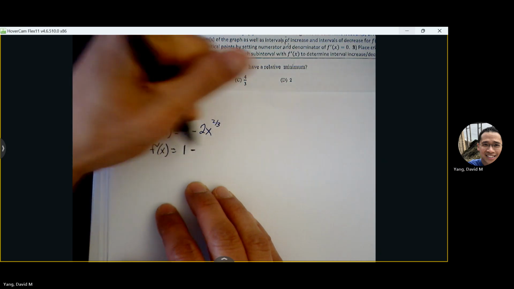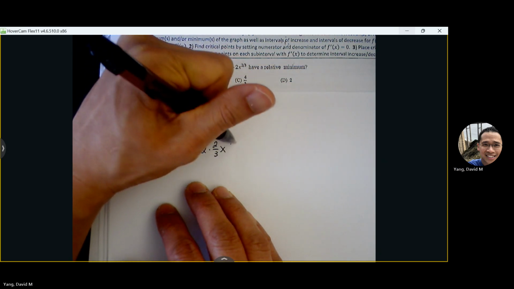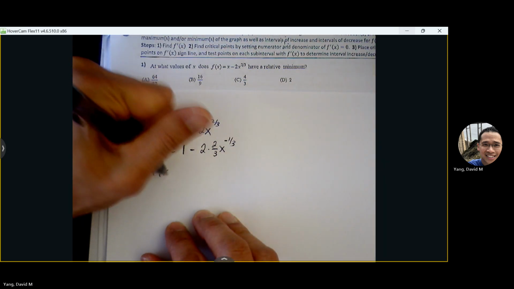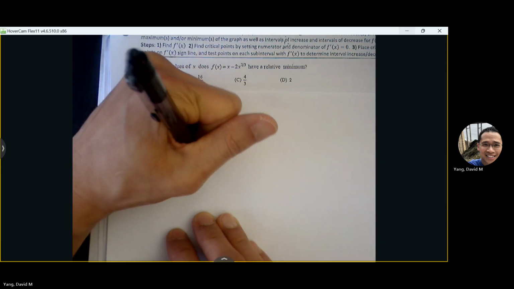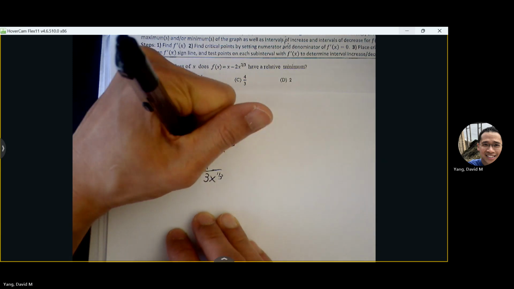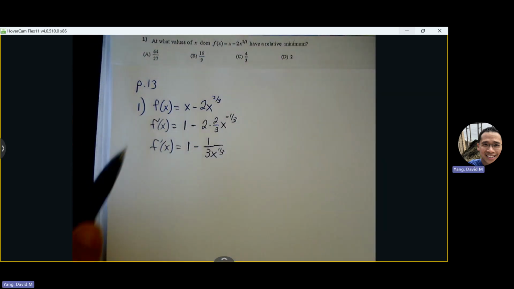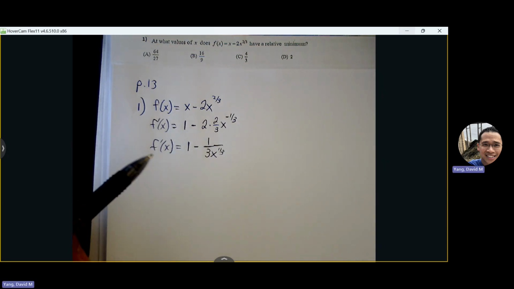Power rule. I find it easier to identify critical points if I can get my terms into one fraction, because then I can set my numerator and my denominator equal to 0 separately, because I know critical points can come from both the numerator and denominator of your derivative.